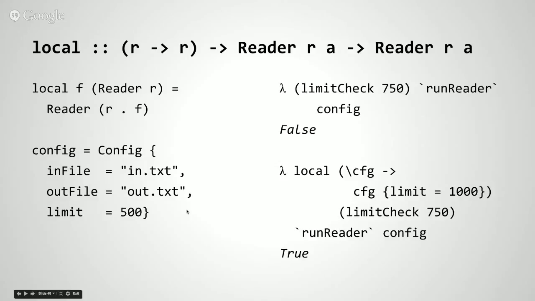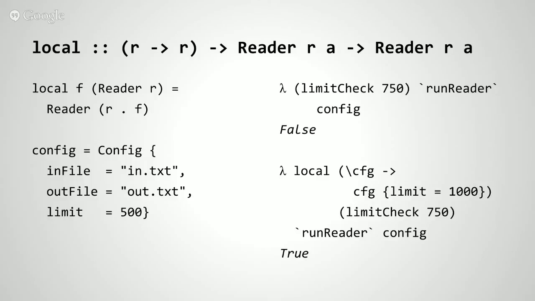Local takes a function on reader states and a reader action, and it returns the reader action that operates on an updated state. So for example, when we do local on the function that takes a config and sets its limit to 1,000, and then we do limit check 750, because the new reader state or the new config state has a higher limit.